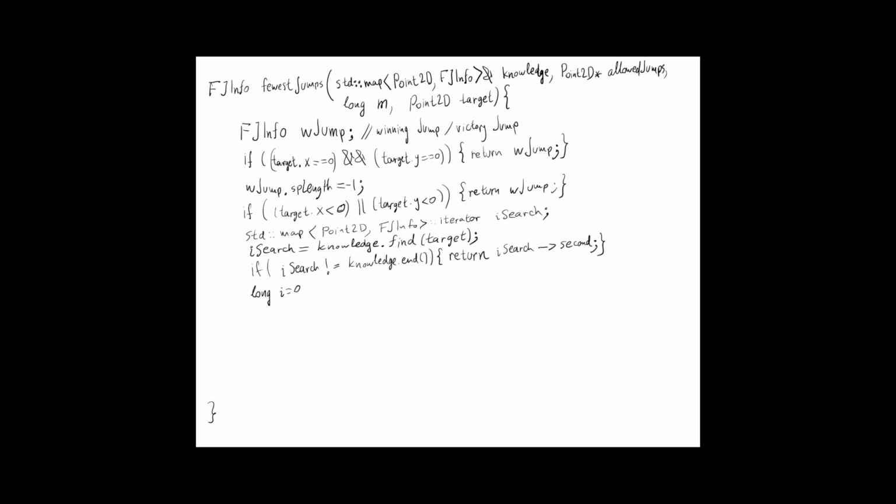We will declare a variable target for our employee, we will also declare a variable where employee is going to store the result, fj info, winning jump from employee, and we will have a while loop.